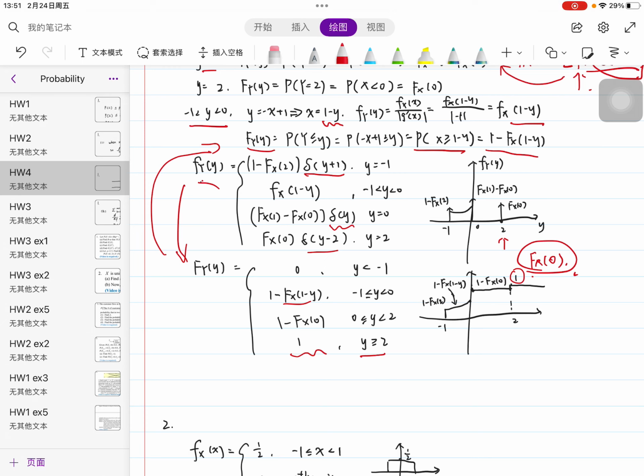So when we implement the integral from density function to distribution function, there is a leap at the point Y equals 2. When Y is between 0 and 2, that should be 1 minus F_X(0), and at the point when Y equals 2, there is a leap from 1 minus F_X(0) to 1, right? So that is the distribution function of Y.